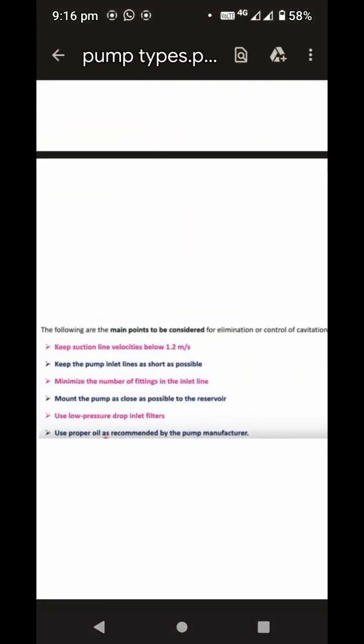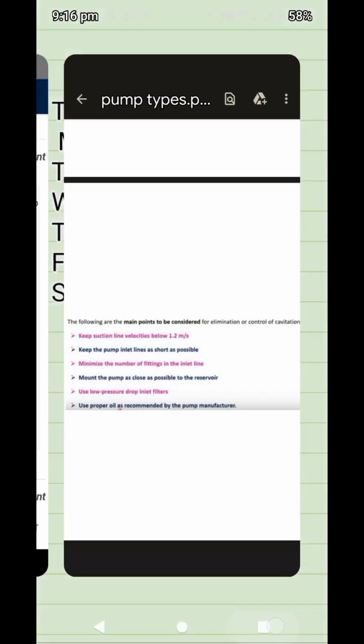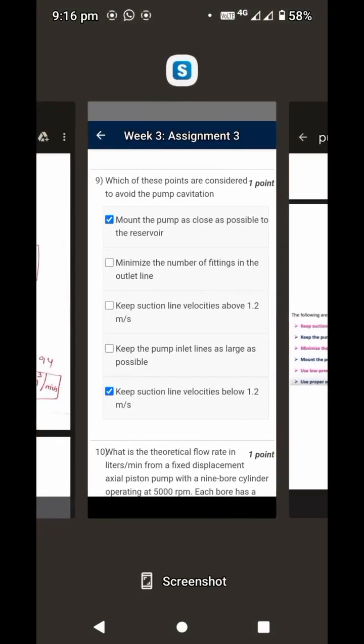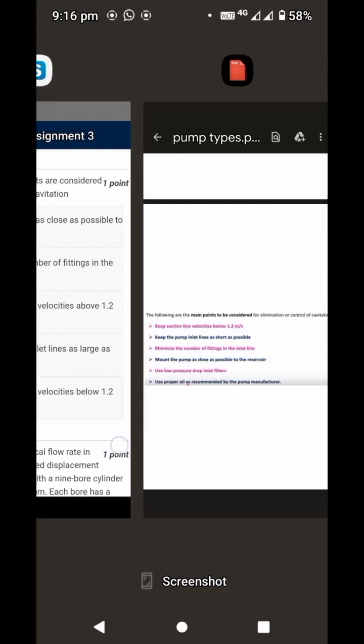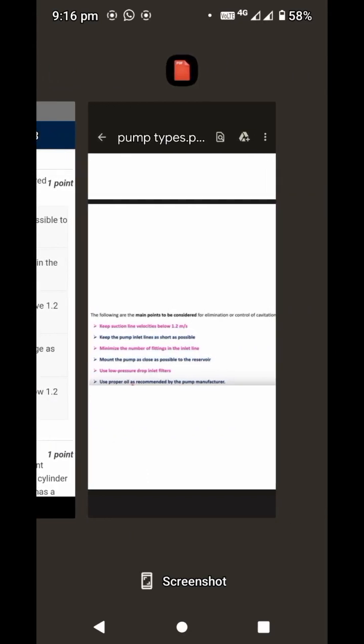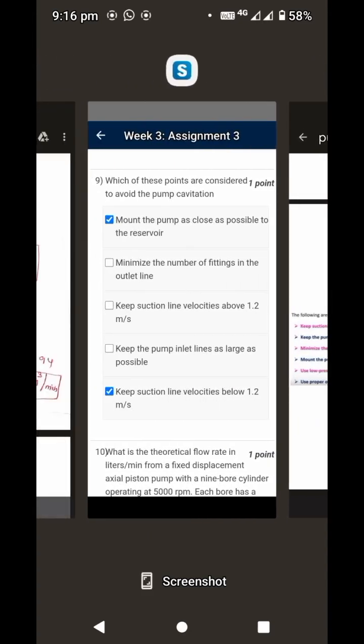Next, keep the pump inlet lines as short as possible. Check out option number 4: keep the pump inlet line as large as possible, they mention. But actually we have to keep it as short as possible, so that option is wrong. And minimize the number of fittings in the inlet line. Here they gave minimize the number of fittings in the outlet line.